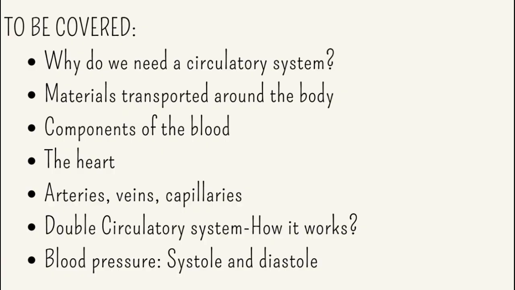Then we're going to discuss exactly how double circulation takes place and why it takes place in our body. In humans we have double circulation, which means that the blood passes through the heart twice. So obviously deoxygenated blood, and then oxygenated blood. And then we're going to look at blood pressure, meaning systole and diastole. So that's the plan for the things we are going to get into.